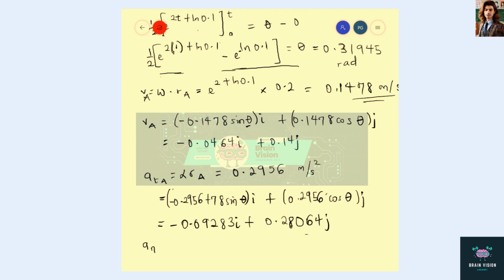Now for the normal acceleration at A, which is equal to v squared over r, and from the v we have, 0.1478 squared over the radius, which is 0.2. That is equal to 0.10922 meters per second squared.